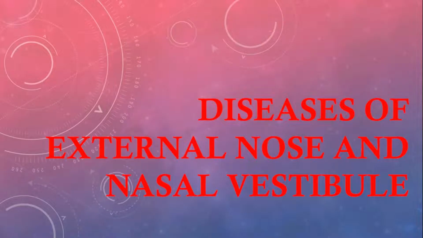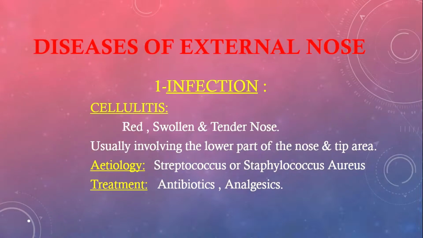Diseases of external nose and nasal vestibule. First of all, we talk about infection of the external nose, and the most important in that field is cellulitis of the nose. Now, as you all know, cellulitis is subcutaneous inflammation of the tissues, so it can happen to the nose as well.